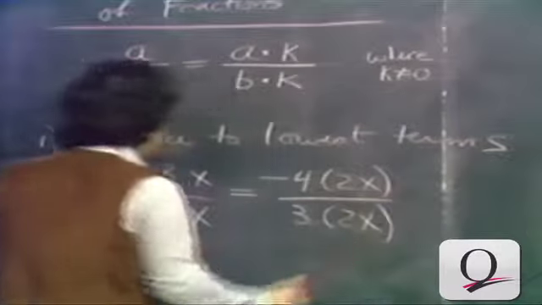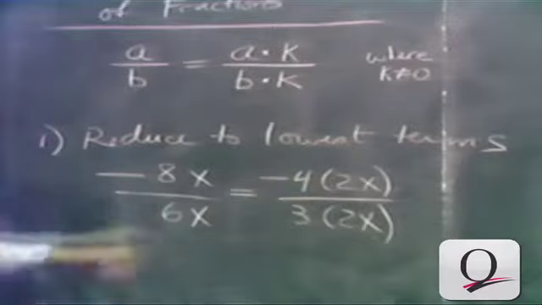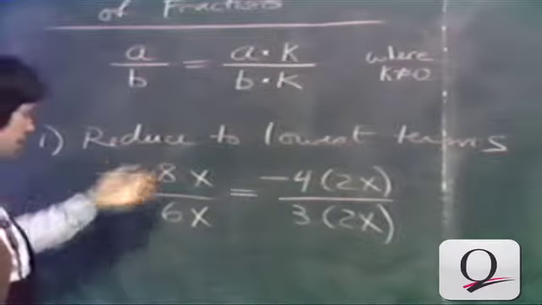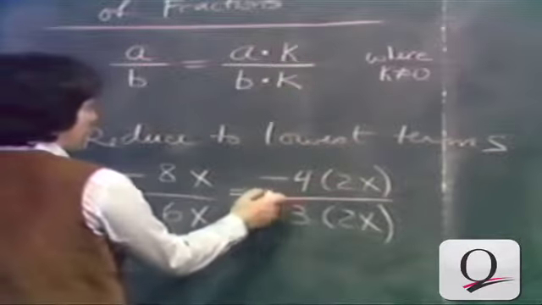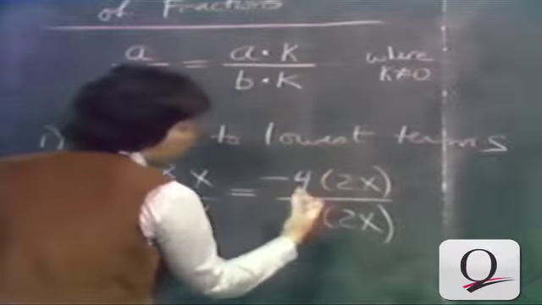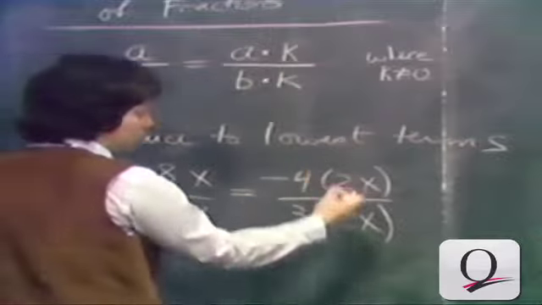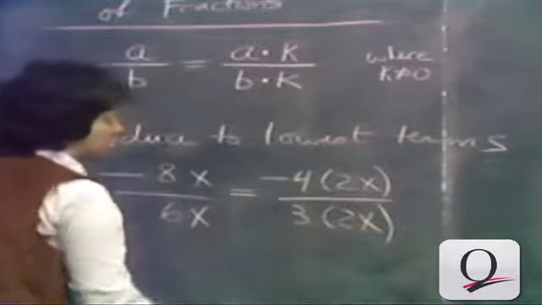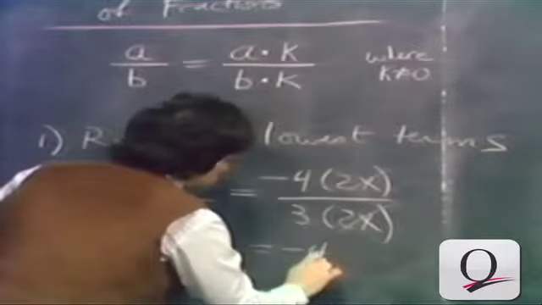In other words, we notice that 2x is a factor of both the numerator and the denominator. The x was obvious, and we see that 8 and 6 have 2 in common. So we now have it in the form ak over bk, and we can divide numerator and denominator by 2x, or cancel the 2x's, to reduce this to minus 4/3.